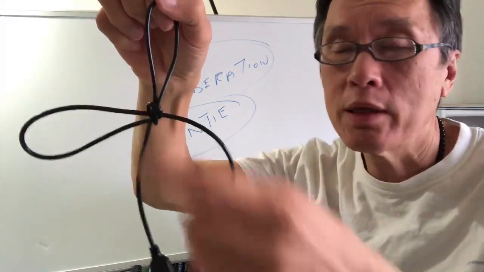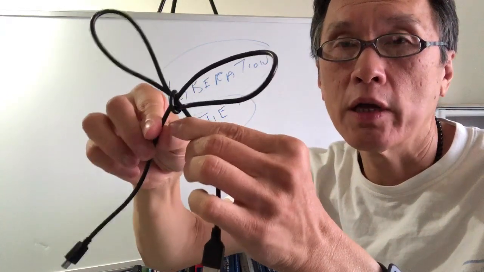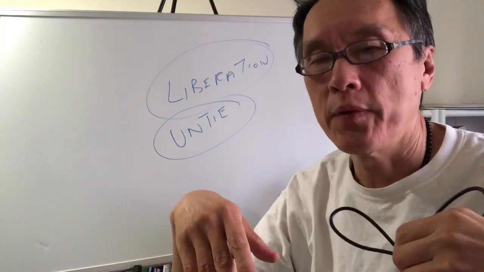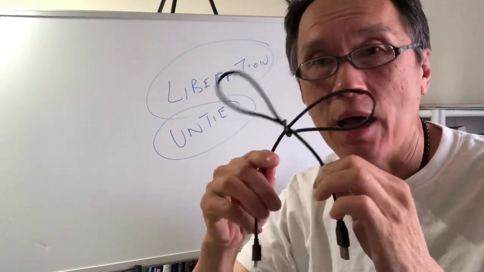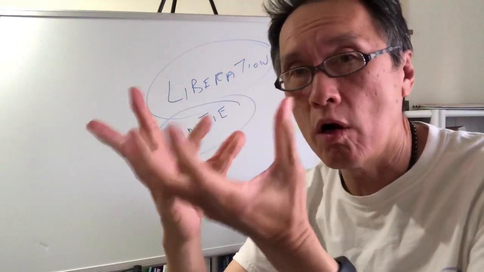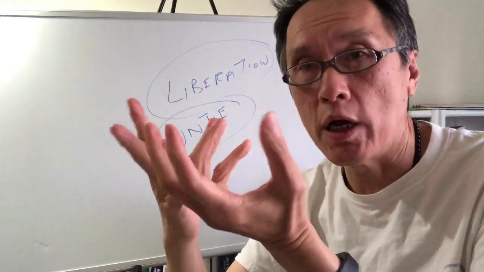If one does not know the knot, one cannot untie it. So liberation, or freedom, is about untying the knot, and that's the core of Buddhism, or the teaching of the Buddha.